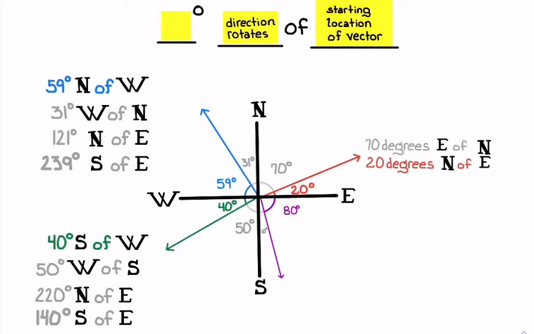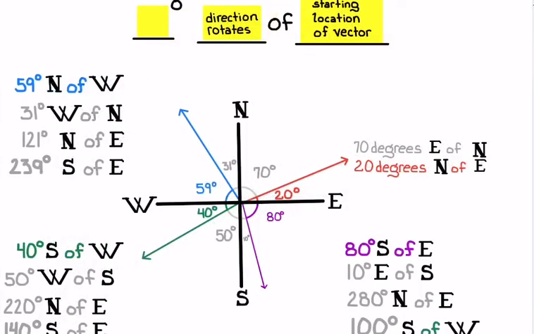Here are 4 ways that you can describe the direction an object is traveling if it was moving along the green vector. And here are 4 ways that you could describe the direction an object is traveling if it was moving along the purple vector.